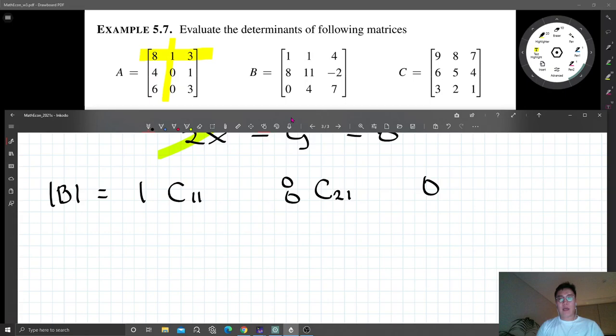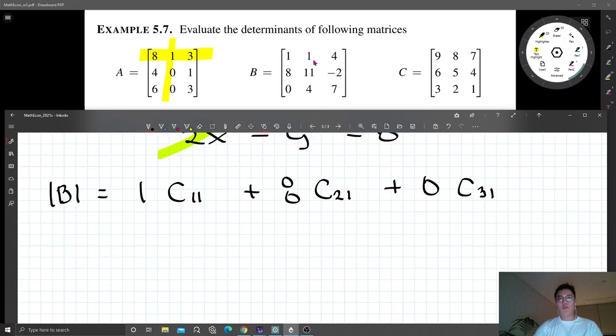And we add them together, because 8 is an entry in the second row and first column. So the cofactor C sub 2, 1 is determined by the matrix 1, 4, and 4, 7. Now we can disregard the last entry because we multiply by 0.